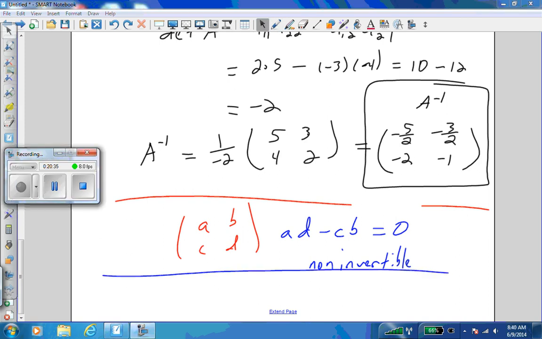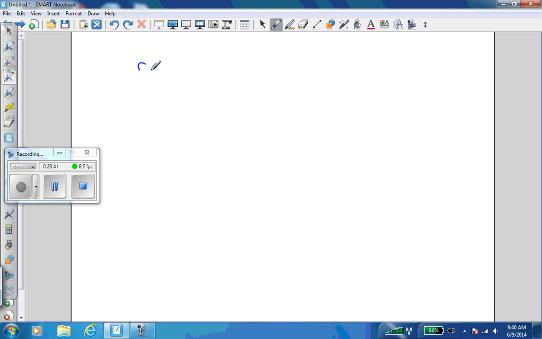One more definition, or terminology, that let's mention from this section is the phrase row equivalent.